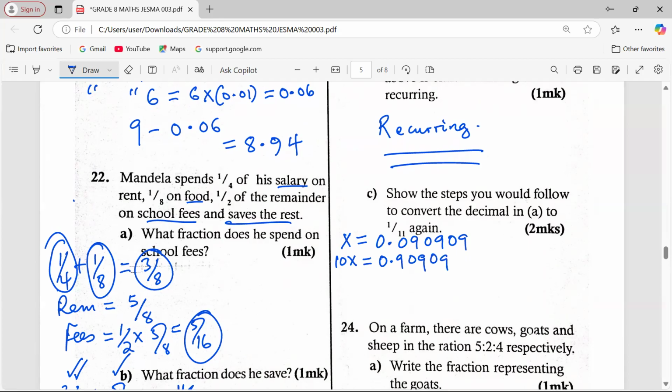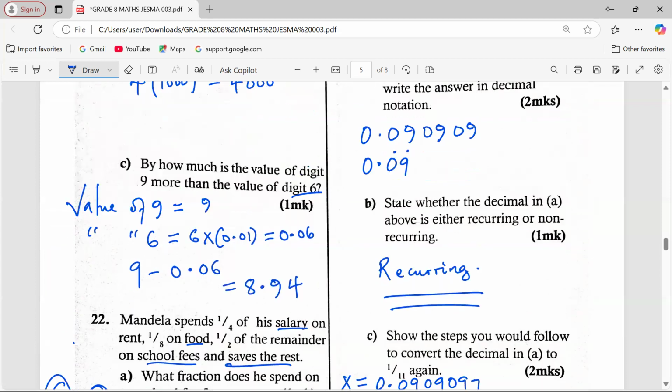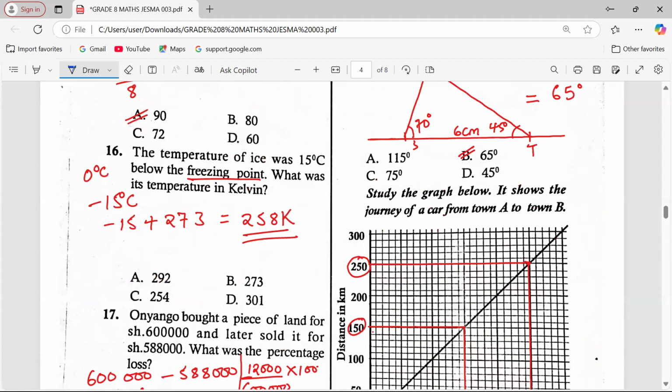Our objective is to ensure that on the decimal side, we get a number which will subtract and get 0. 100x is giving us 9.0909 that way. When you look at the decimals part of the first one and the 100x here, you discover that when we subtract the decimals part, we will get a 0.